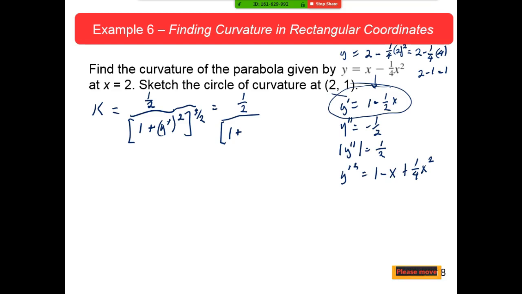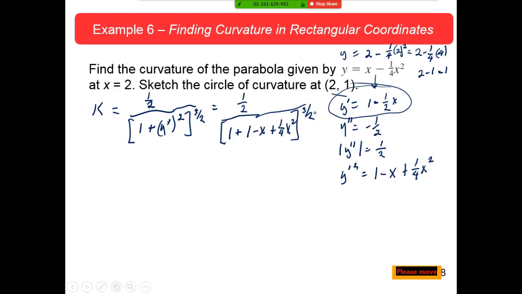Okay, so that's your y prime squared. So let me put that in here. 1 plus 1 minus x plus 1/4 x squared. And then that's raised to the 3/2 power.